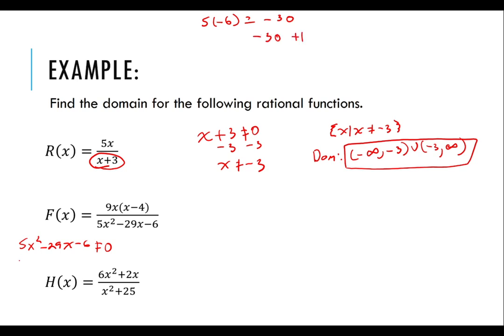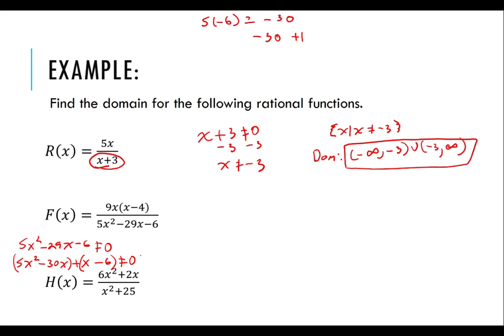And so I could rewrite this as 5x squared minus 30x plus 1x minus 6 cannot equal 0. Then you can factor by grouping. Always remember, if there's a minus there, you have to capture it with the value it's attached to.